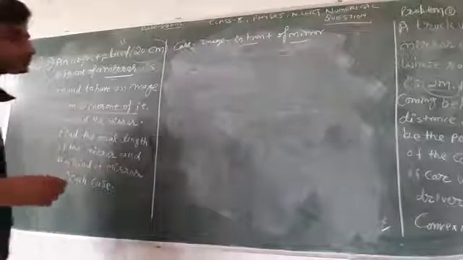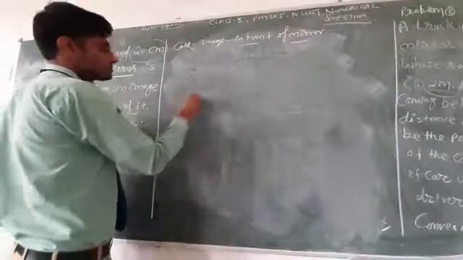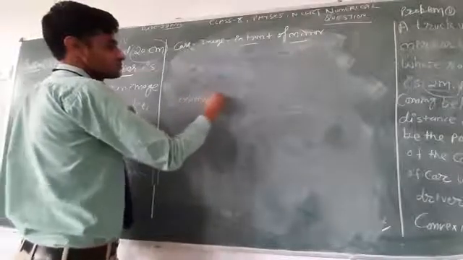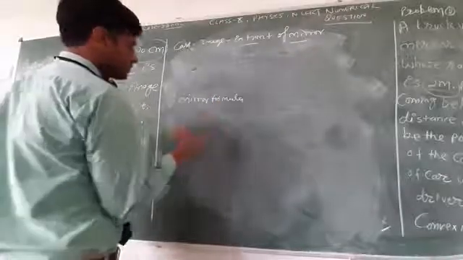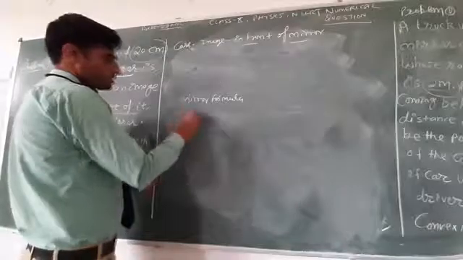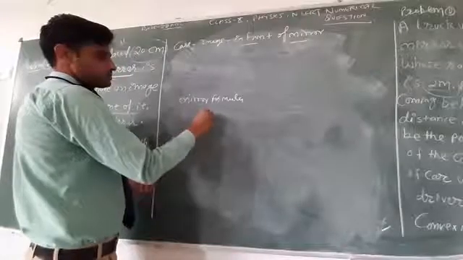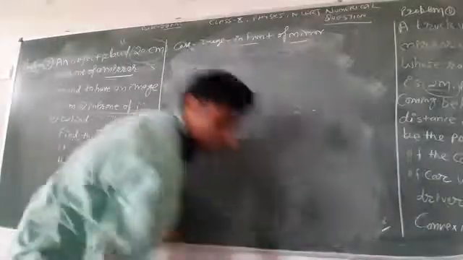Okay. So by using the mirror formula, 1 upon F equal to 1 upon V plus 1 upon U. This is the mirror formula.